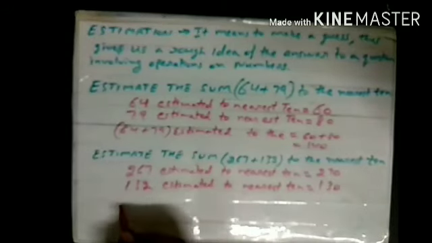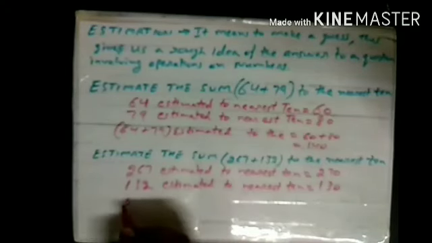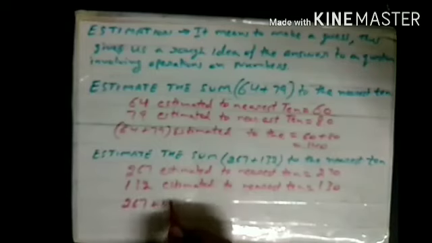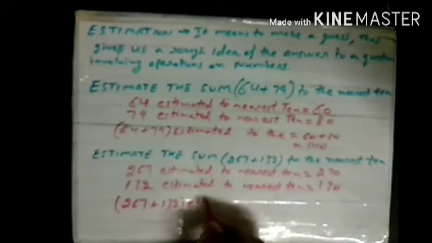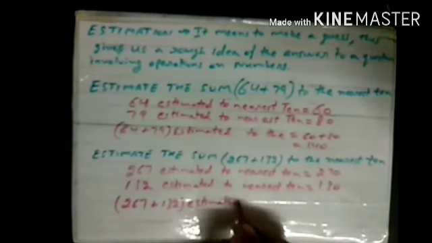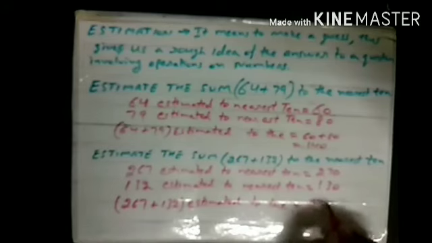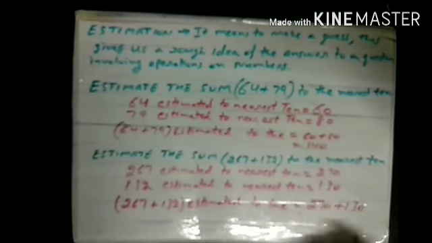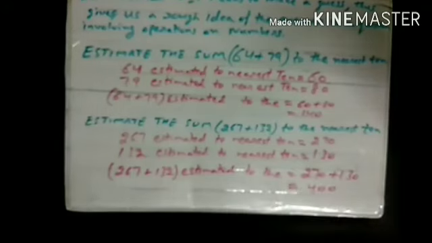Therefore, 267 plus 132 is estimated to 270 plus 130, that is 300 and 100, 400. This is the answer.